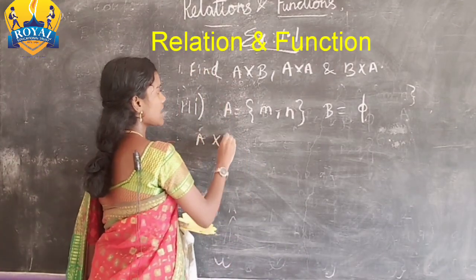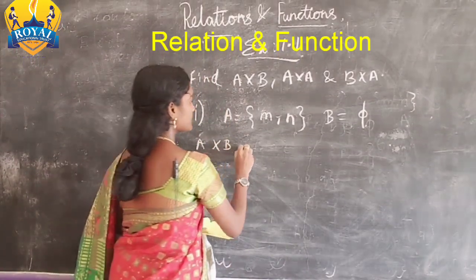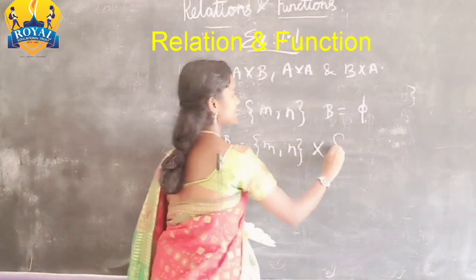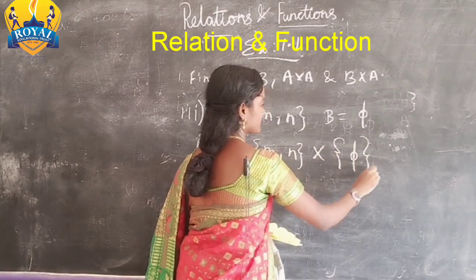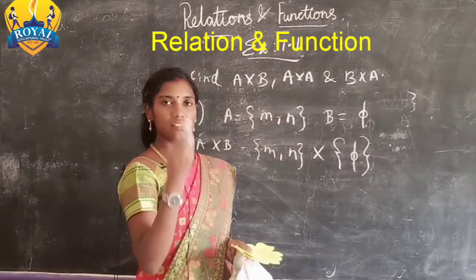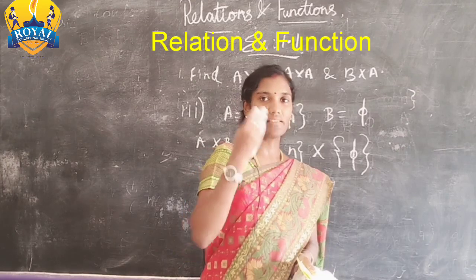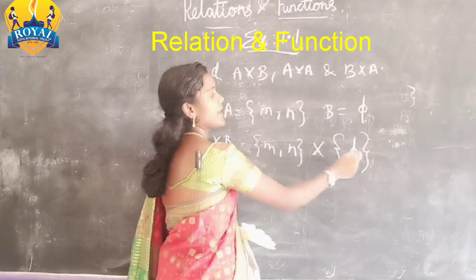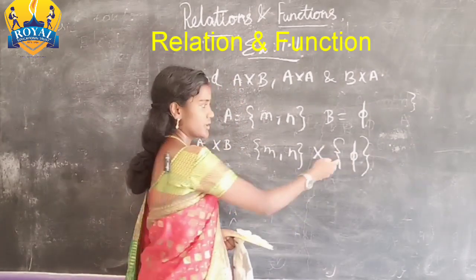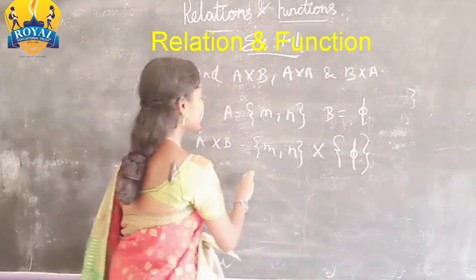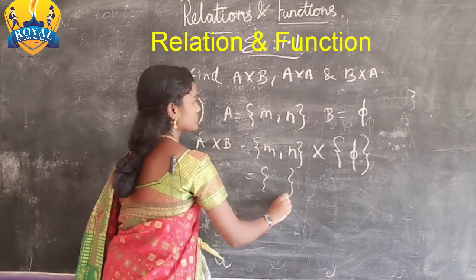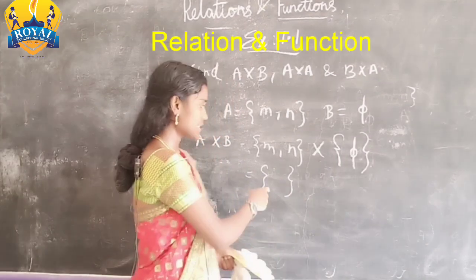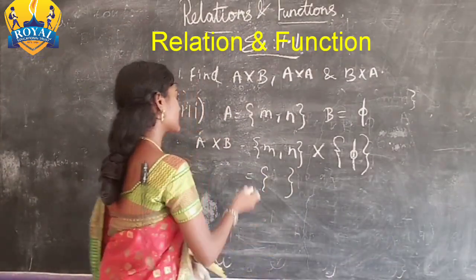So A cross B means {M, N} cross null set. If you multiply by 0, the answer is 0. If you multiply a set by the empty set, the answer is the empty set. If you multiply a non-empty set and an empty set, the answer is the empty set.